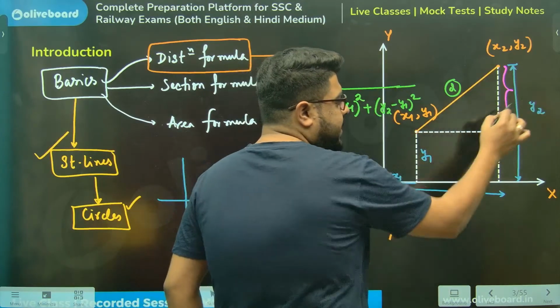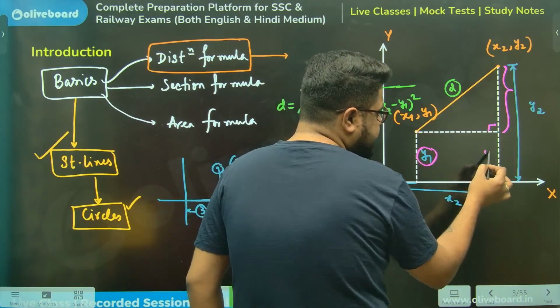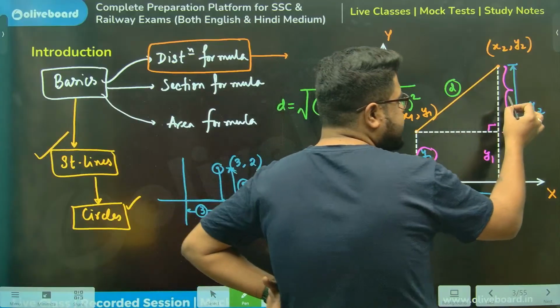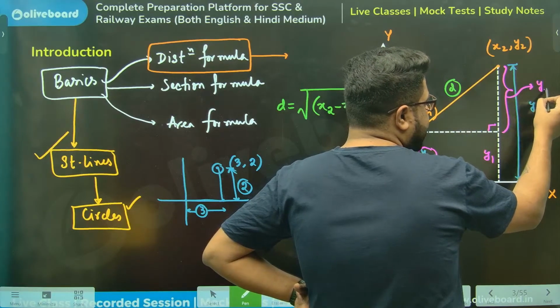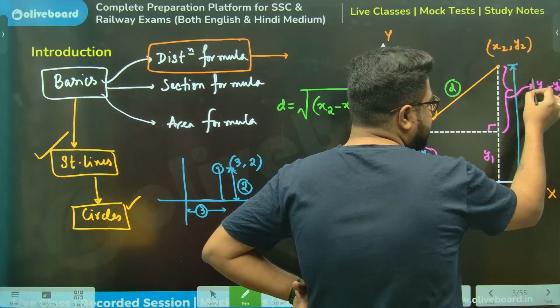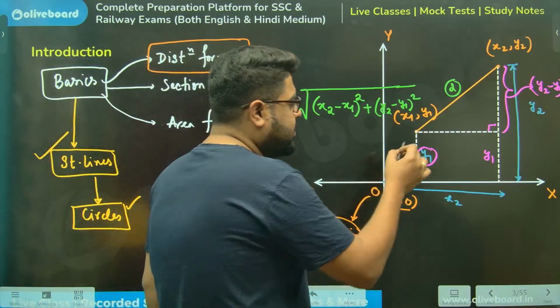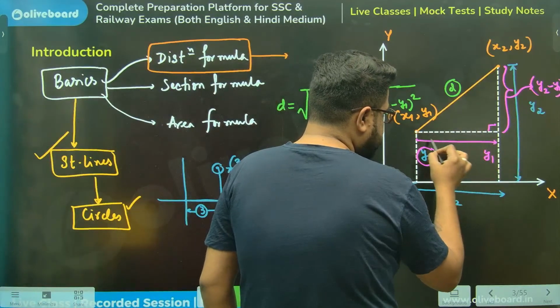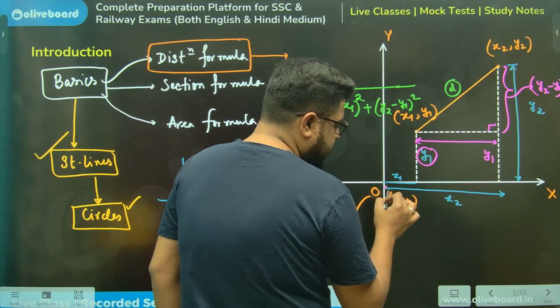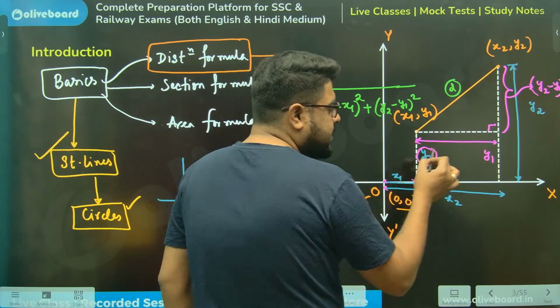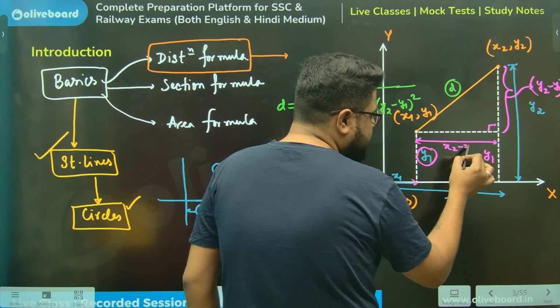Total is y2 and this is y1, meaning this is also y1. So this will be y2 minus y1. And what about this length? Total is x2 and this much is x1. So this is going to be x2 minus x1.